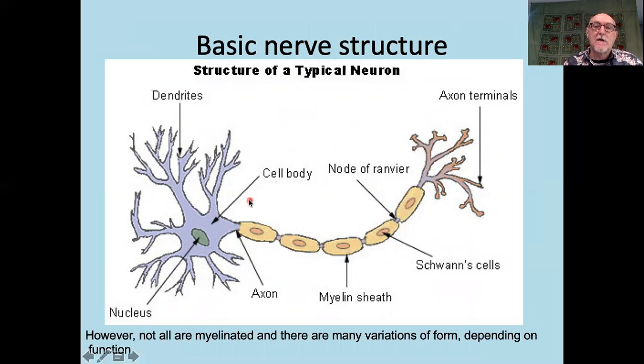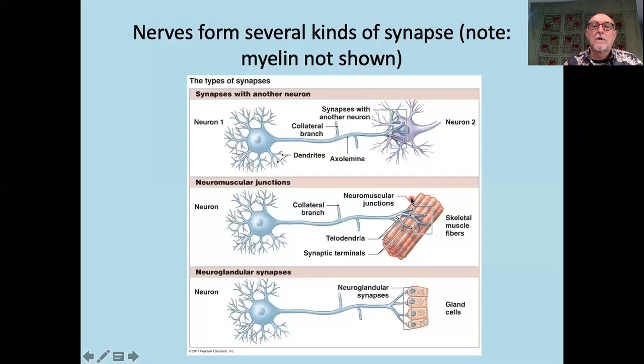Well, that is only the case for voluntary muscle. If this muscle here is a voluntary muscle, then this nerve would have that insulating layer of myelin. If it's a smooth muscle that it's communicating with, if this is involuntary, then it doesn't have that insulating layer.